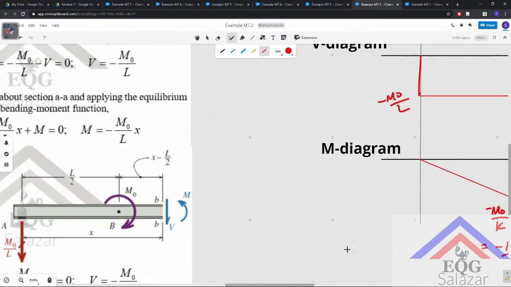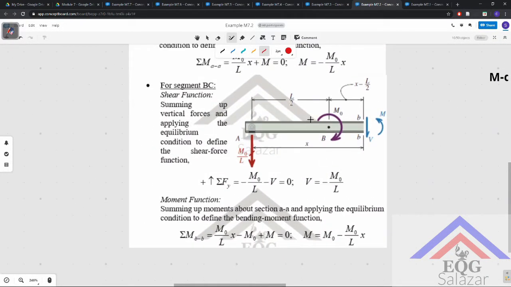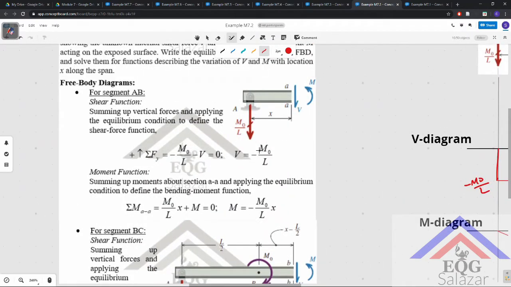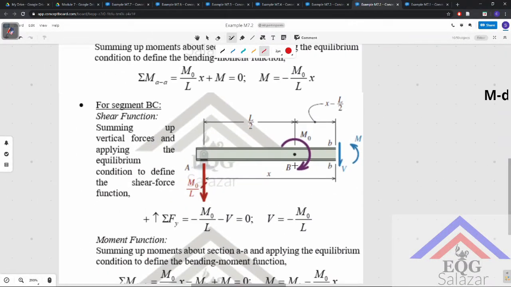So next, segment BC. We have to include the concentrated moment at this point already in our analysis. Summing up vertical forces, we see that there is no change from the shear function of segment AB to segment BC, because there is no additional load applied. There's only a concentrated moment.